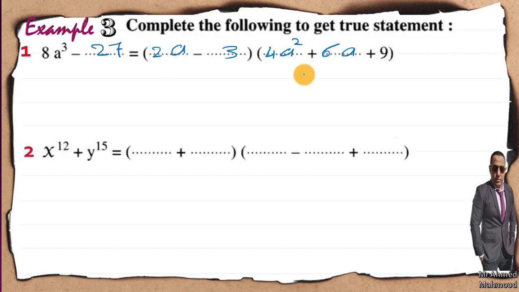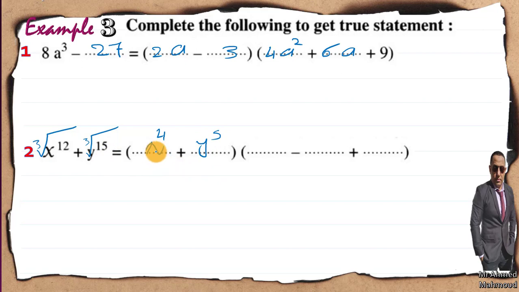Another one: x power 12, y power 15. Here the cubic root of x power of 12 is x power of, when we take the cubic root, we divide the power by 3. 12 divided by 3 equals 4. And here also the cubic root of y power 15 equals y power 5 because we divide the power by 3.